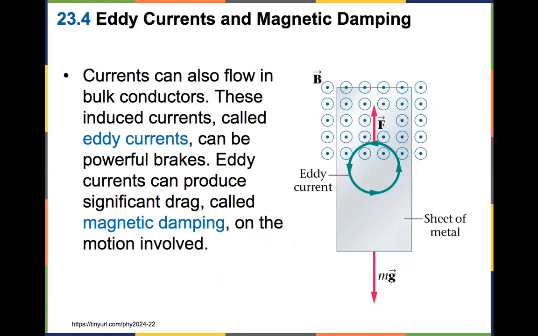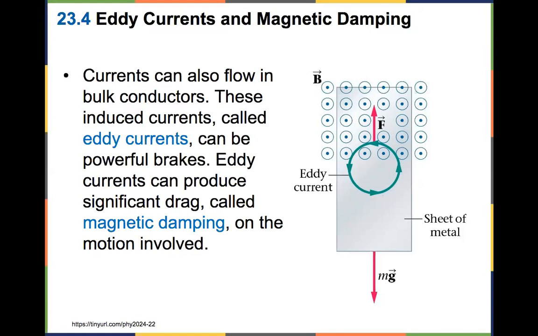Then we talked about eddy current, which is basically the same thing. It's about induced EMF or induced current. Imagine you have a piece of metal moving in a magnetic field. Then you'll have eddy current generated, which is due to induced EMF. Think about a circular area, where the change in flux is responsible for the induced current.